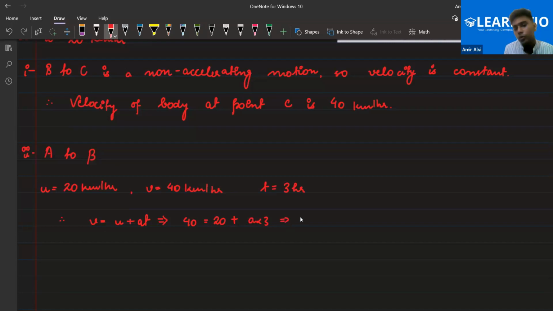So this is coming out to be 40 minus 20 equals 3A. So 3A is going to be 20. So A is going to be 20 by 3 kilometer per hour square, because it is meter per second square in SI, so in hours it will also be square. Clear? So 20 by 3 will be the kilometer per hour square.